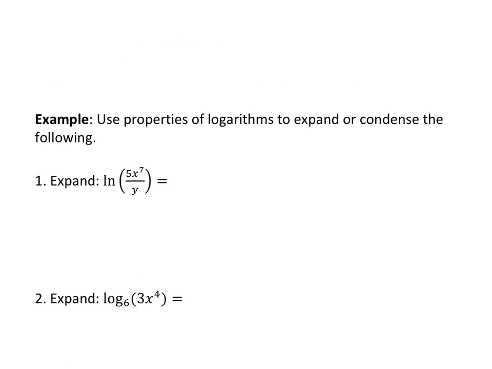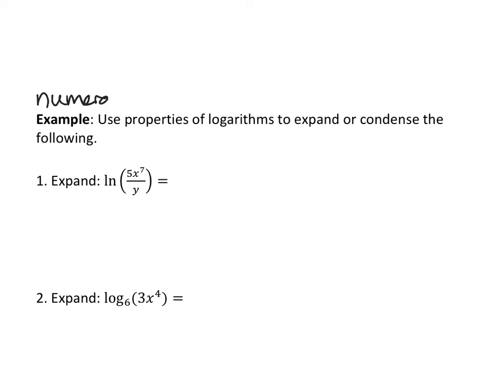I do kind of want to expand some of these properties, just make it in a way that's maybe helpful for you. If you know that a number is in the numerator, which means top of the fraction, it's going to be a plus. And this doesn't make sense yet, but I promise it will in a second. If a number is in the denominator, that is going to be a minus because it is divided.